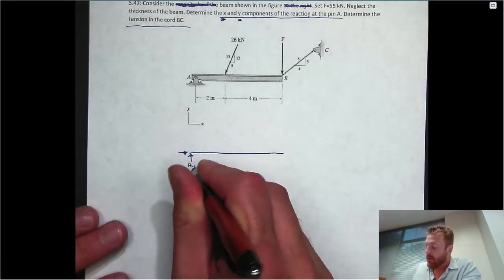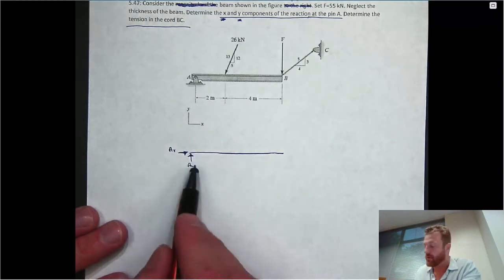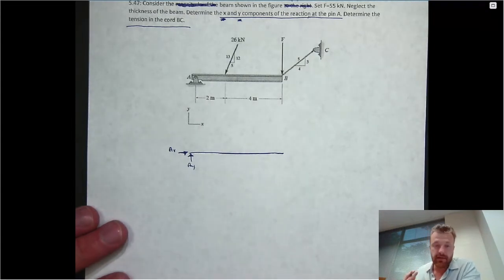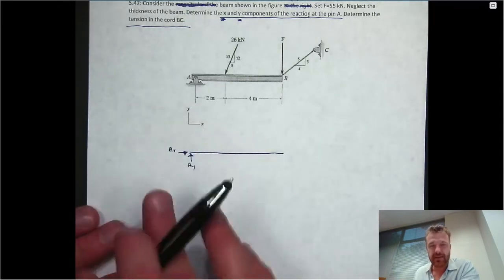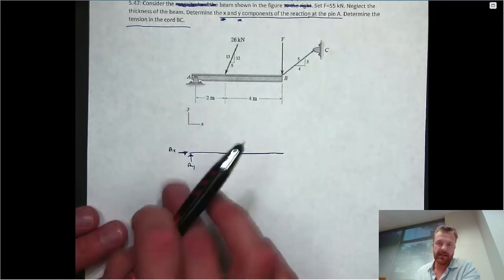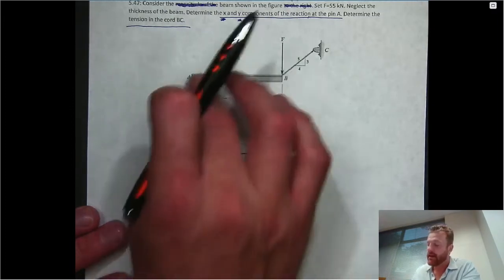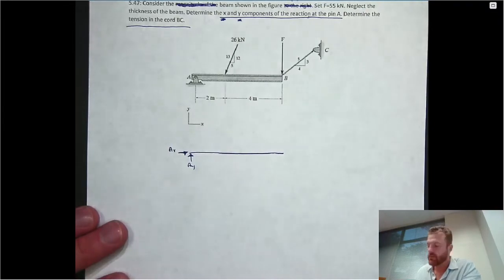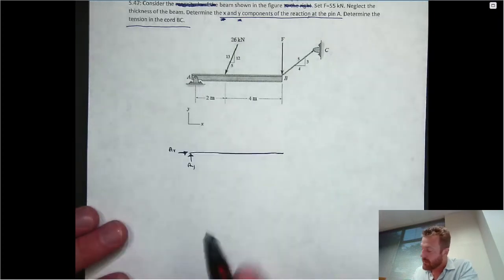But if we always assume that the reactions of pin connections have a vertical component that goes up and a horizontal component that goes to the right, and it turns out that under a particular loading condition those aren't the actual directions of the reaction, then these numbers will just turn out to be negative. So in general, when you are drawing free body diagrams and replacing support structures by reactions, it's good to always assume that the reactions go in the same way and let the math work itself out. So that is the reaction at A associated with the pin.